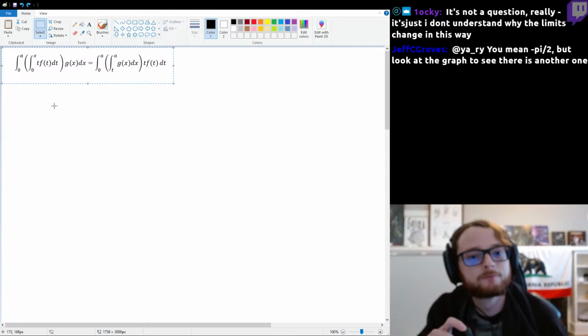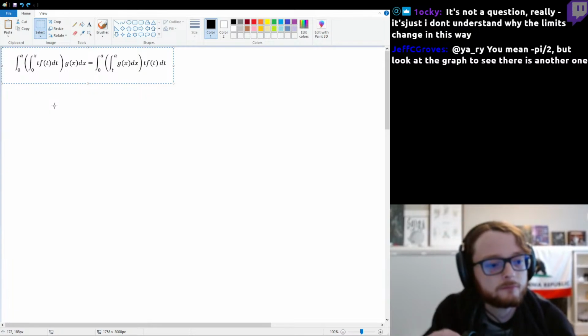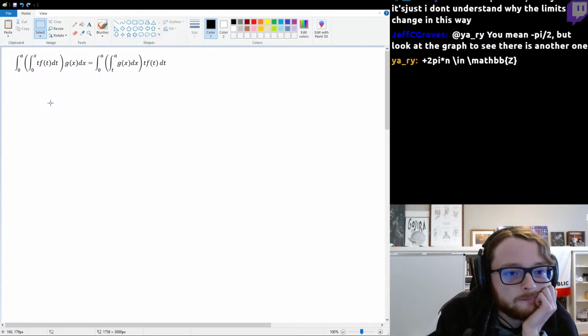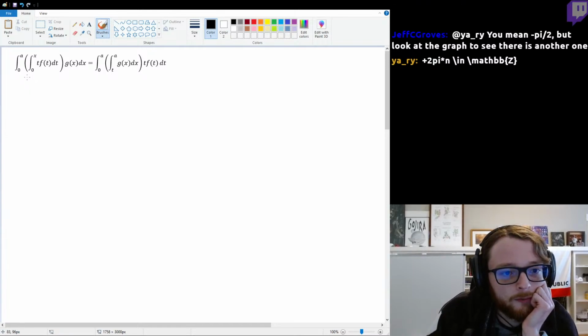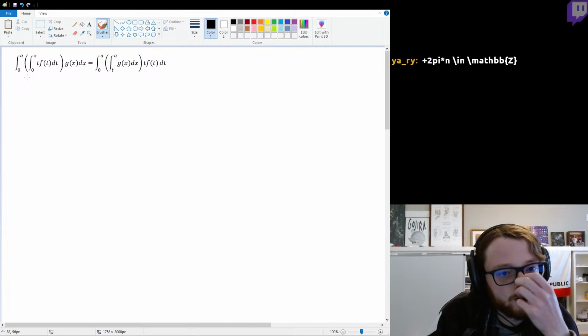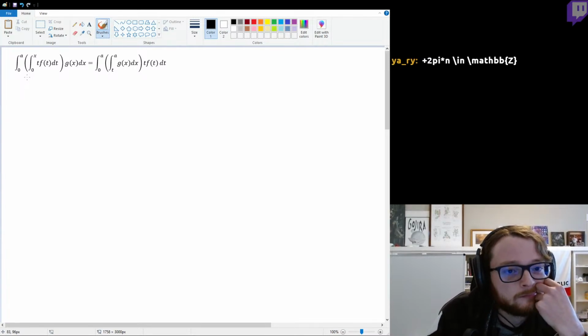What's happening here? Not a question really, just understanding why the limits change in this way. So we're switching the order of integration here. Why would that change your limits? That's a good question. Because we're going from 0 to x. I'm not sure if this is why.